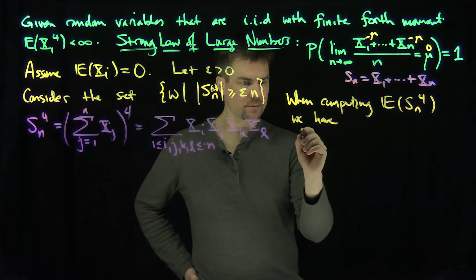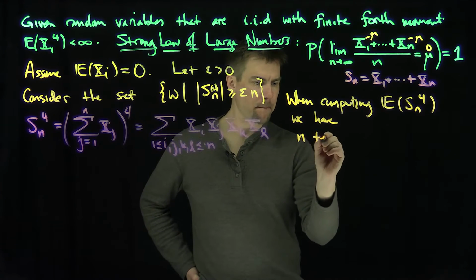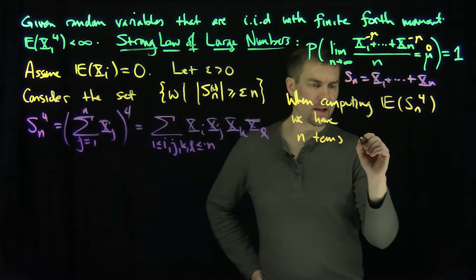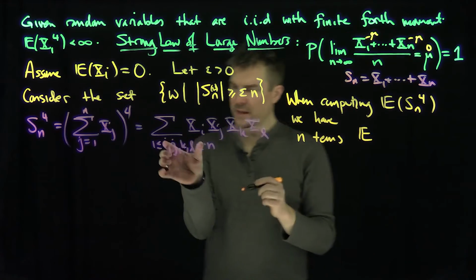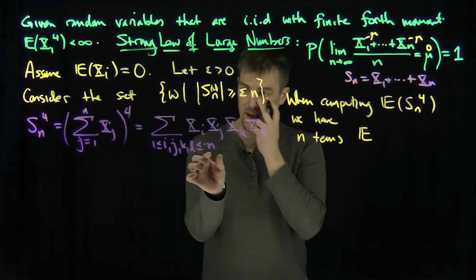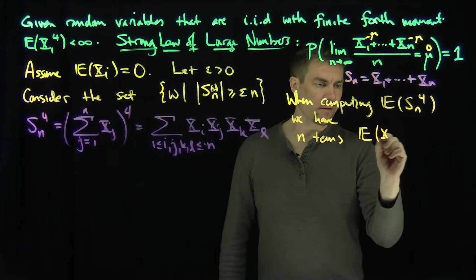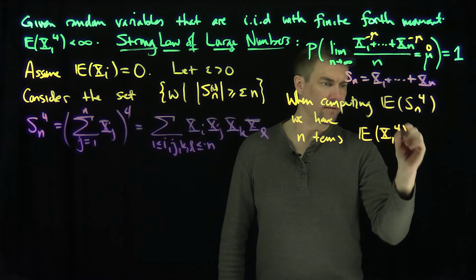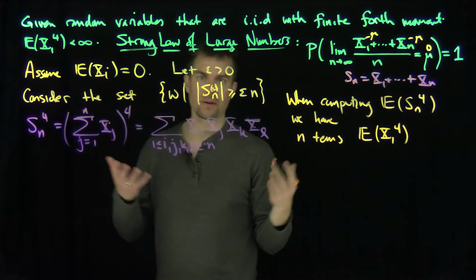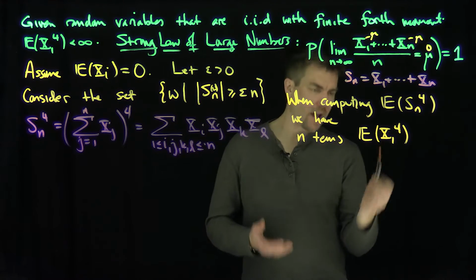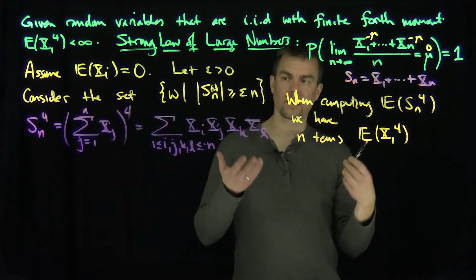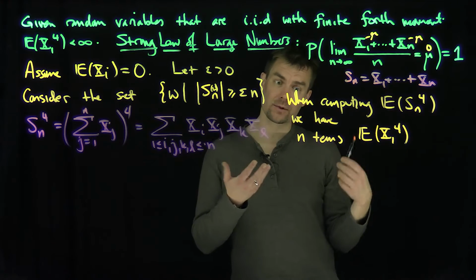We have n terms that look like the expected value where all the indices are the same, where i, j, k, and l are all equal to each other. That can occur n times. Expected value of X1 to the fourth. We have n of these terms where all the indices are the same and the common index could just be 1. So I'd have X1 to the fourth, X2 to the fourth, X3 to the fourth, Xn to the fourth. So there's exactly n of those terms.